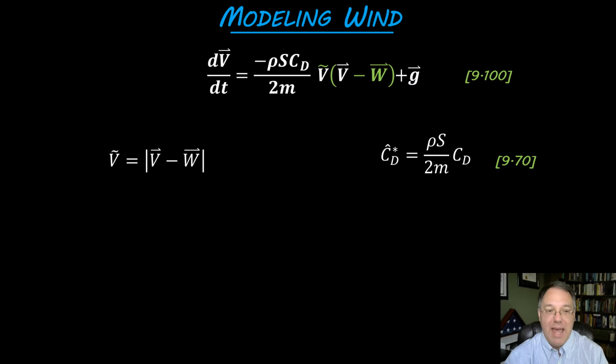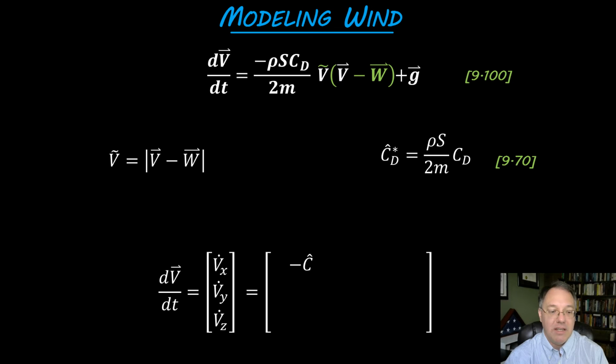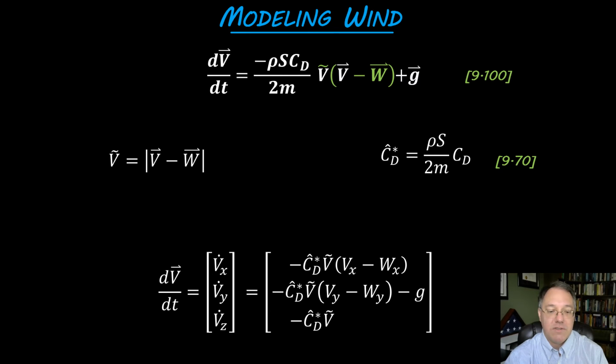It's just a way to capture those constants of the air density, our reference area S, and the mass of the projectile, to carry that through and simplify our algebra later. That's equation 9.70. So if we want to look at our velocity change with respect to time in all of the x, y, and z directions, we can rewrite those out in this manner.